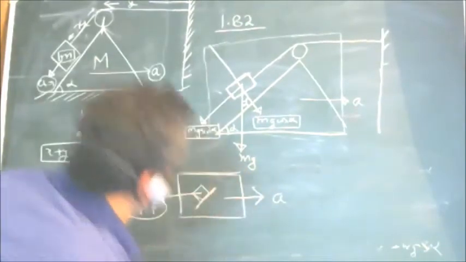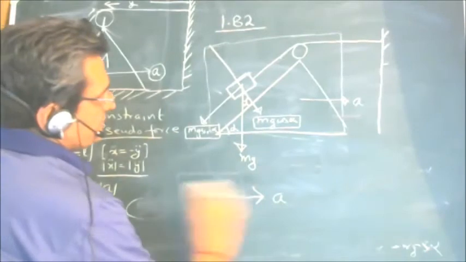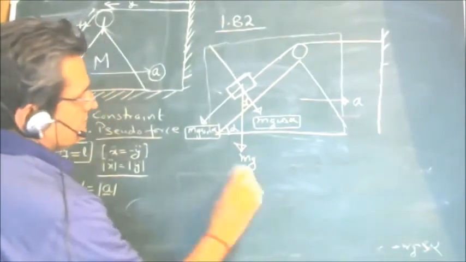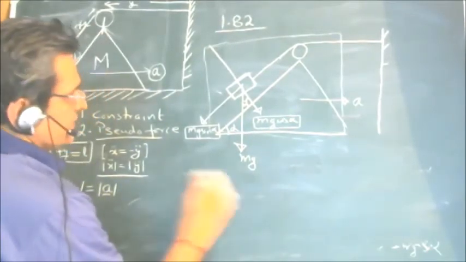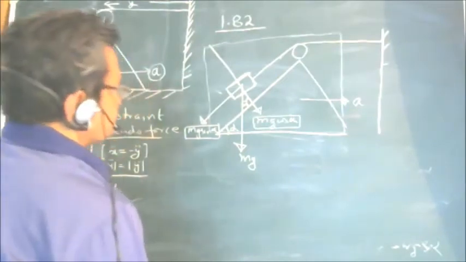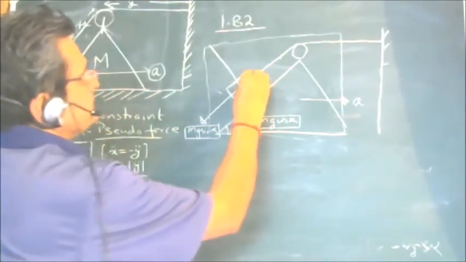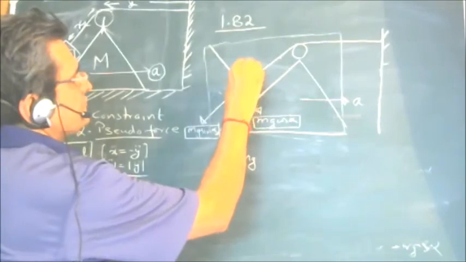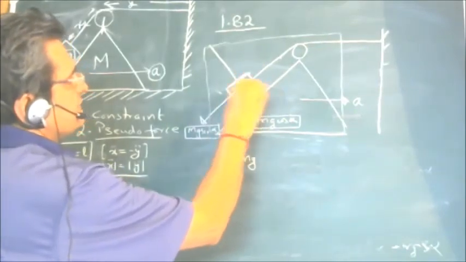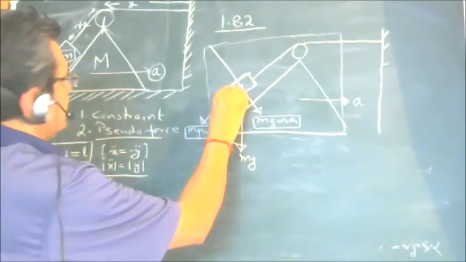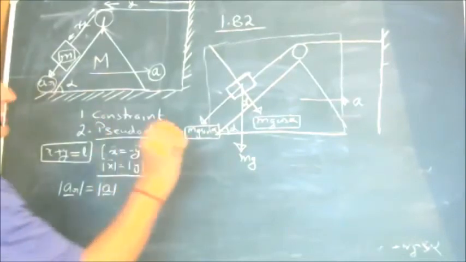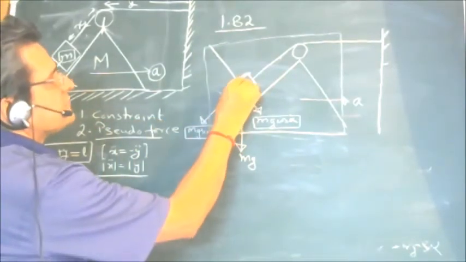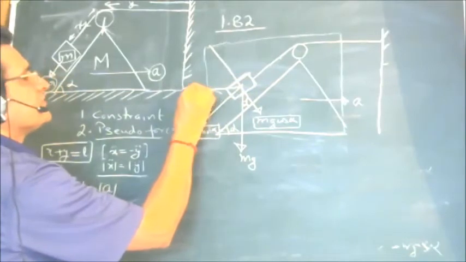Here the reference frame is the wedge. This wedge itself is moving with acceleration a, and the small mass m is moving on the wedge with relative acceleration ar, the magnitude of which is equal to a anyway, but it will experience a pseudo force ma.